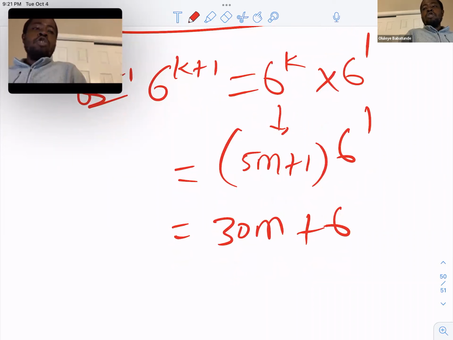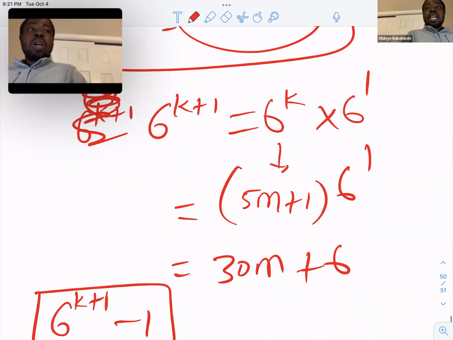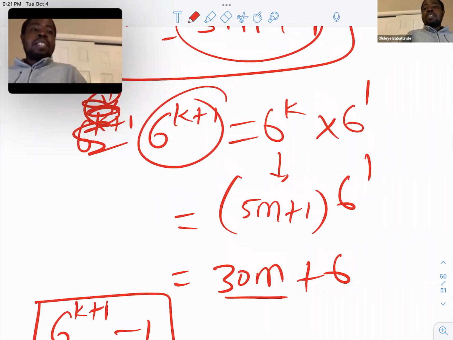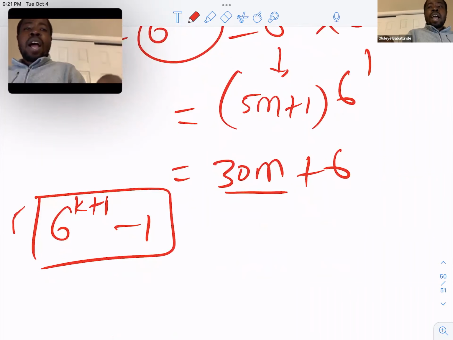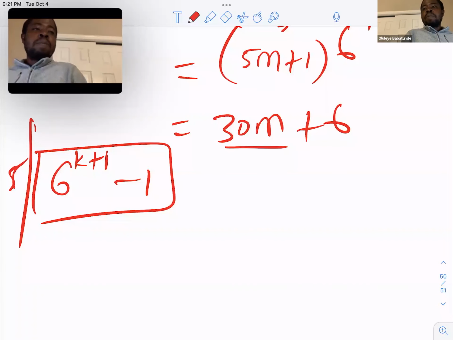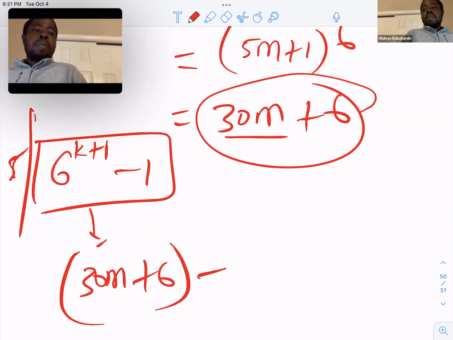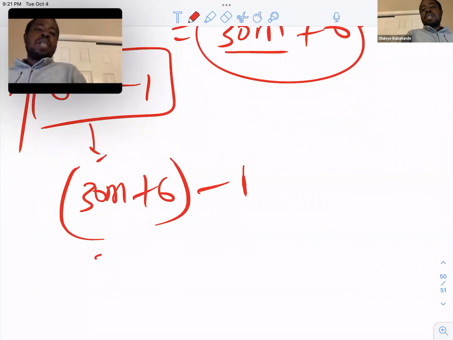But you know that 6 raised to the power k plus 1 minus 1 is required. I'm just expressing this as this, but we need to show that 5 divides this. So we will now write the expression for this, which is actually 30m plus 6 minus 1, and we will have 30m plus 5.